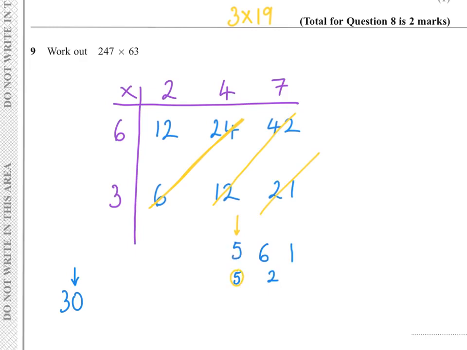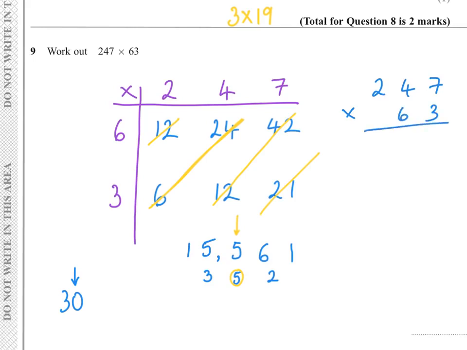So we put the 5 in here, carry everything else, and then 12 and the 3 would make 15. And we don't have to carry anything there. So the answer would be 15,561.